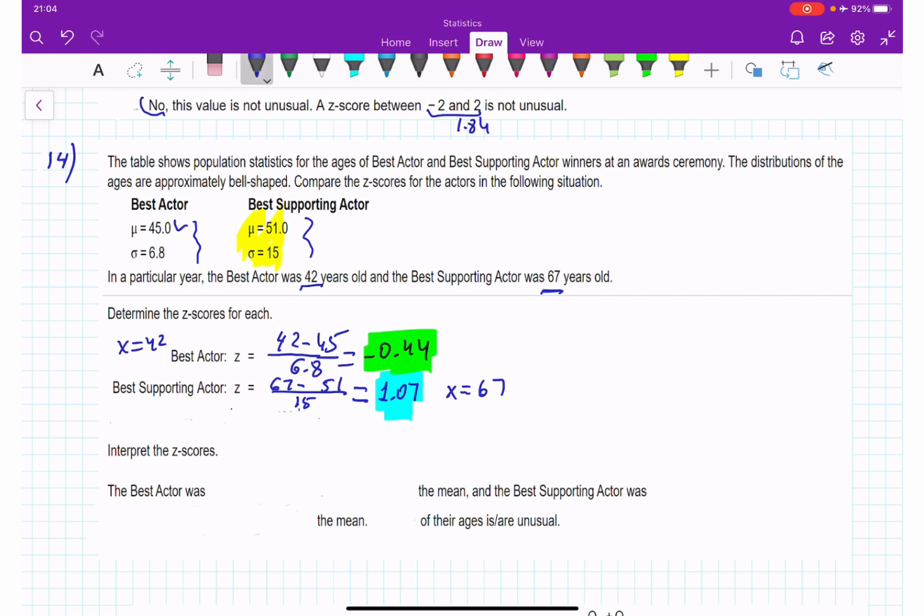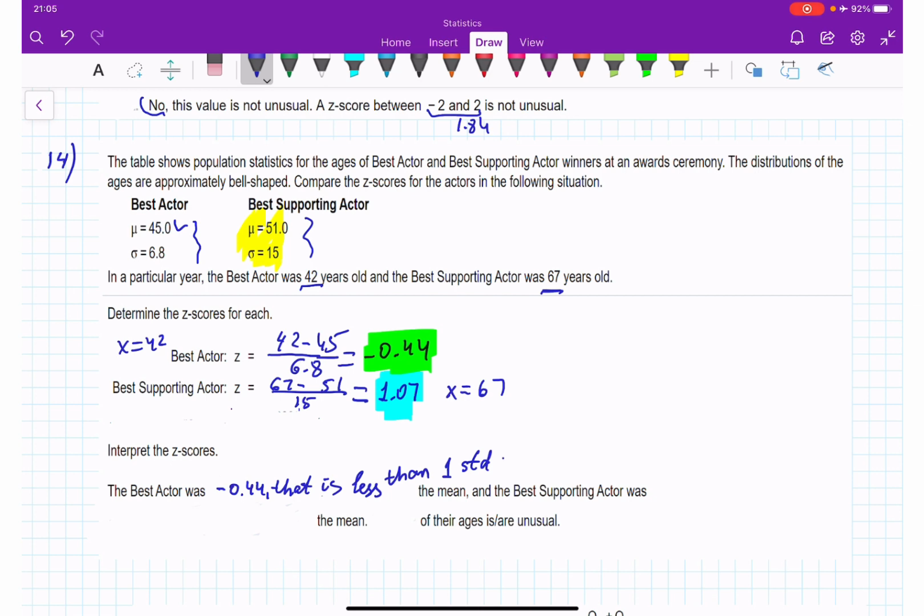The best actor was negative 0.44, which is less than 1 standard deviation, STD, below the mean.